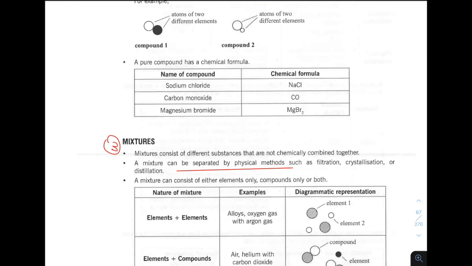All these are physical methods. You can separate a mixture, but not compounds. Okay? And this is because it has not chemically combined together, meaning the bonds haven't really formed yet.